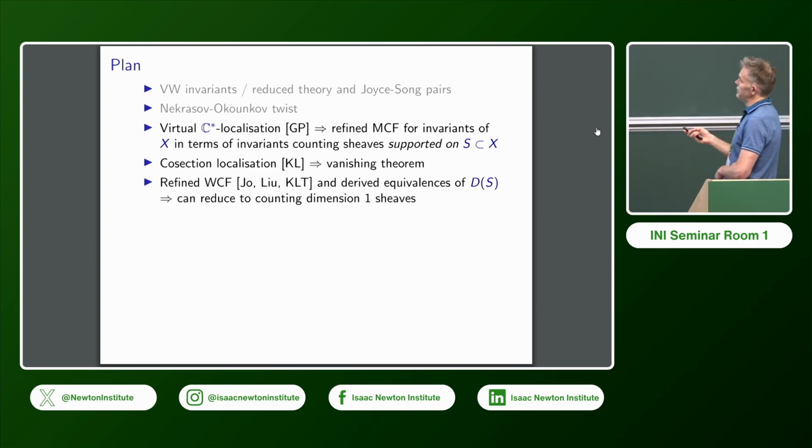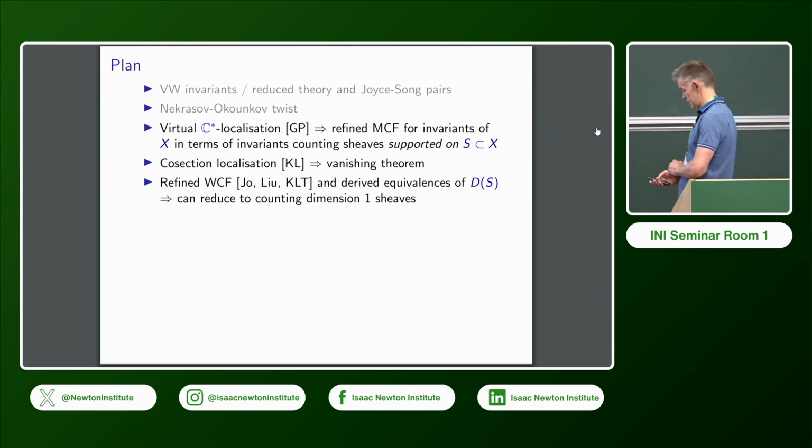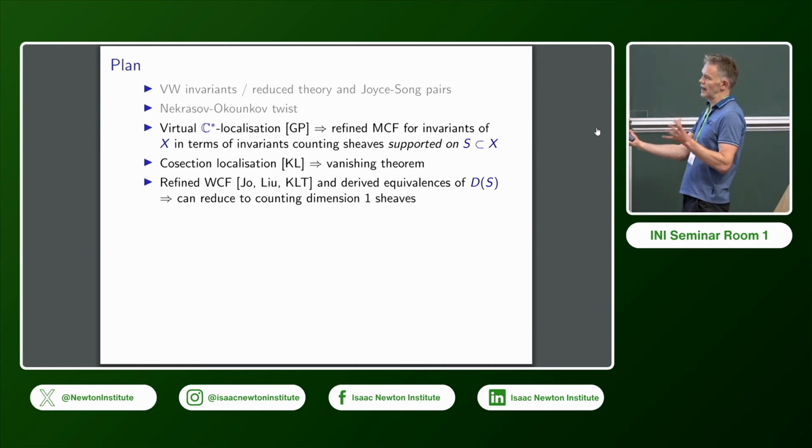And then this is the other acronym you have to learn for this talk. So there's the multiple cover formula and the wall crossing formula. The refined wall crossing formula, due to recent work of Joyce, Henry Liu, and Kuhn, Liu, and Tim, who's here, and derived equivalences of the K3 surface, means that we can do a derived equivalence of sheaves on the K3 surface and change our Mukai vector from one counting some rank R sheaves to one counting rank 0 sheaves.